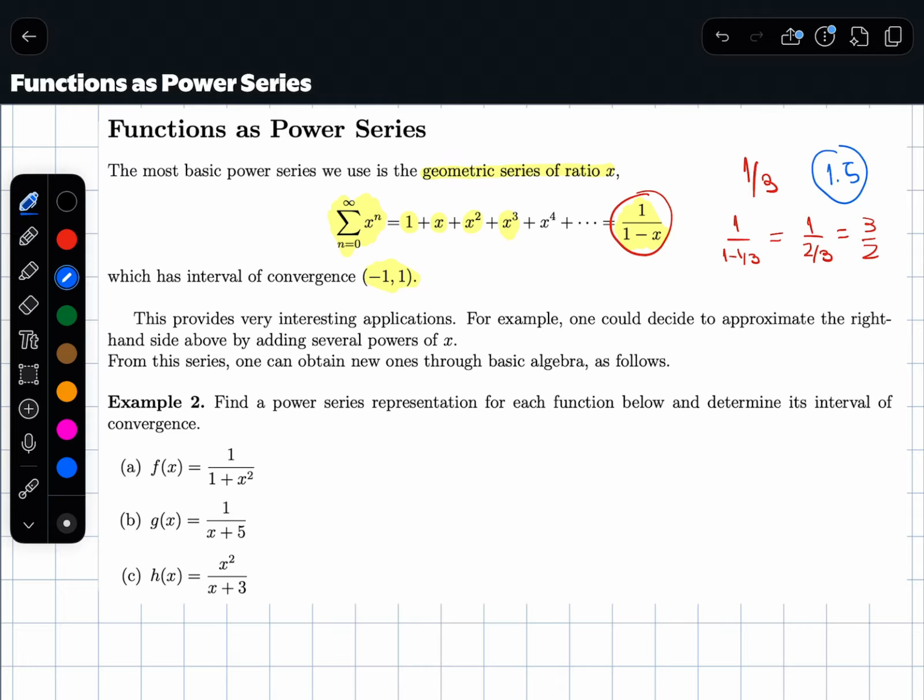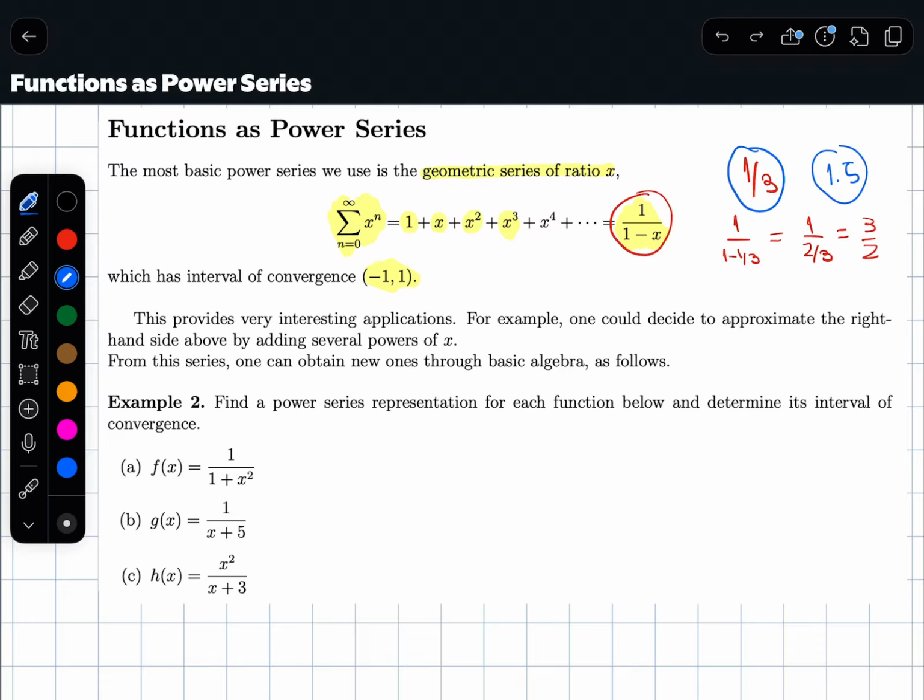It looks fine to me, but if you have 1.5, of course, that's an easy thing to calculate. You also have the option of plugging in 1/3 on this side and doing 1 plus 1/3 plus 1/3 squared plus 1/3 cubed, and so on. And the more terms you add on the left side, the closer you get to the correct answer, which is 1.5.